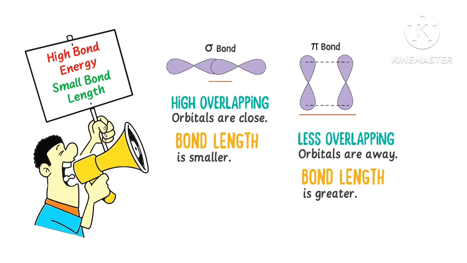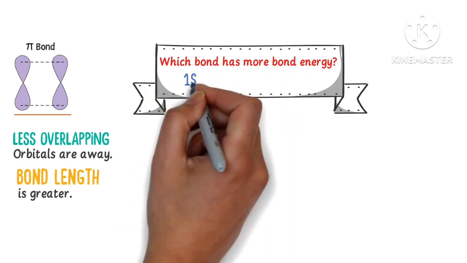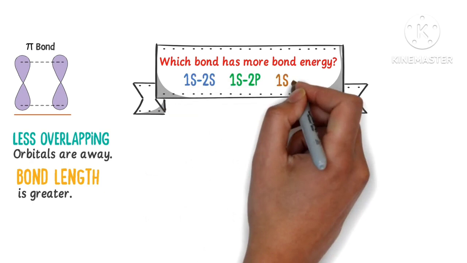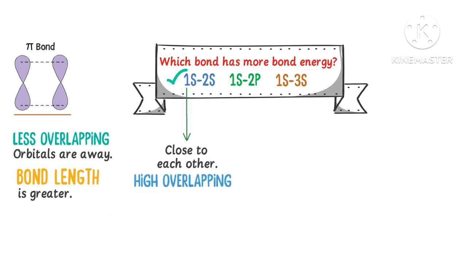Here, let me teach you one bonus MCQ. Which bond has more bond energy or bond strength? 1s2s, 1s2p and 1s3s. Well, the answer is 1s2s because 1s and 2s are close to each other, so the extent of overlapping between them will be maximum and they will form strong bond, but its bond length will be minimum.